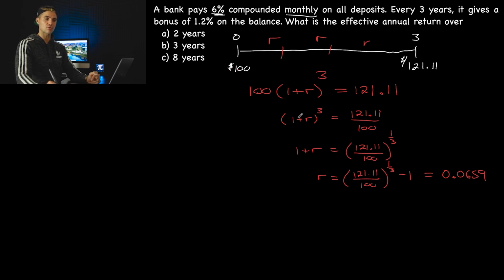Or taking like the third root of both sides in order for this 3 to go away. So you got 1 plus r left, and then taking that to the power 1 over 3, then bring the 1 over. After all that calculation, you end up getting 0.0659 or 6.59%.